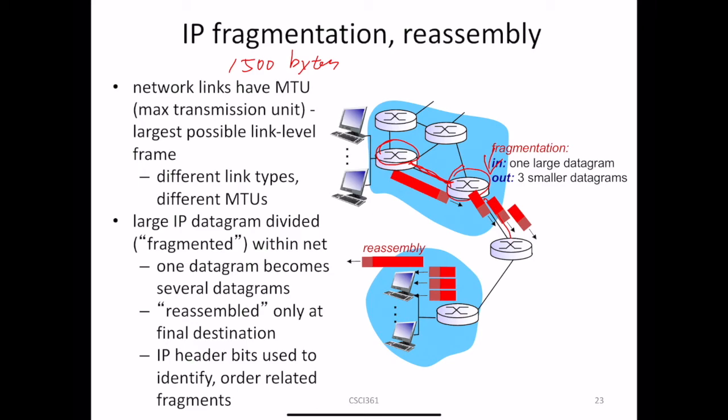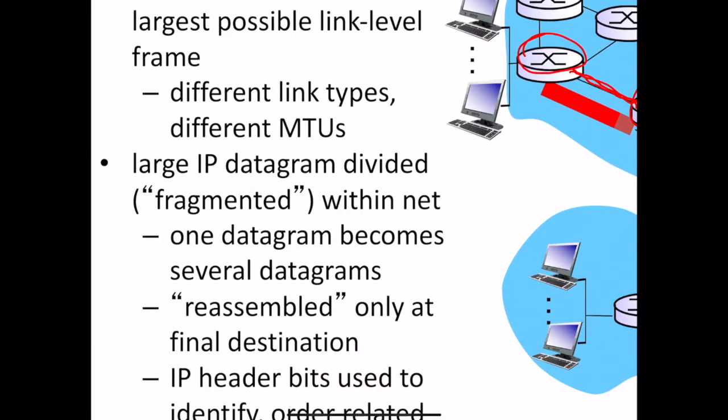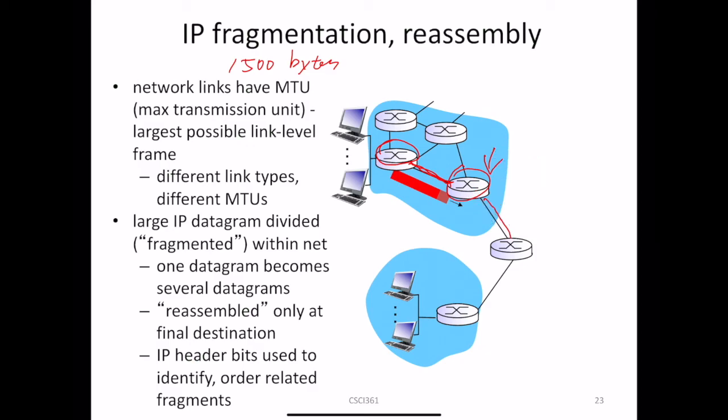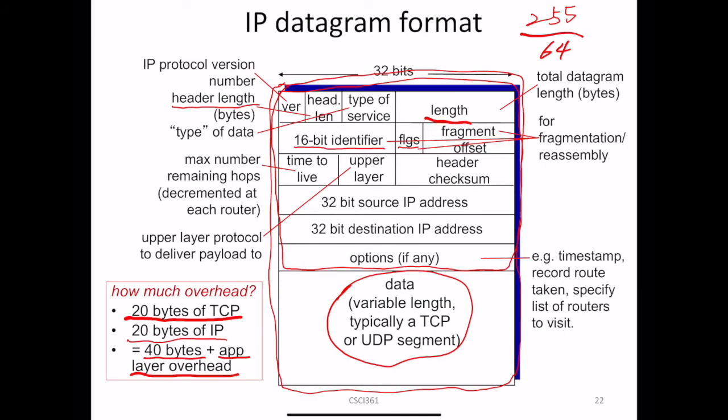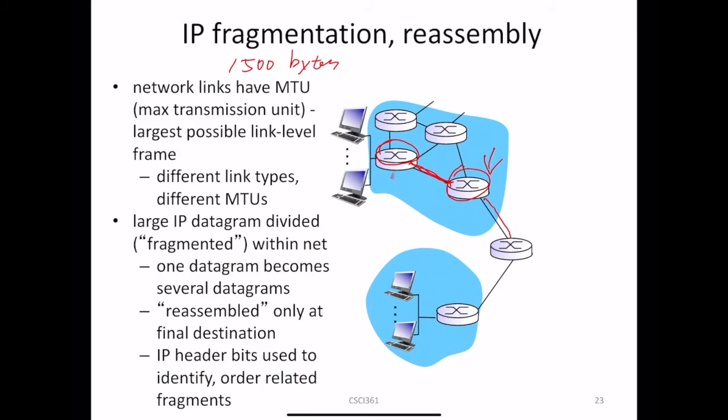And the IP header bits will be used to identify and order the related fragments, as we already saw in the datagram format. Actually, it is this field here. Now let's move on.